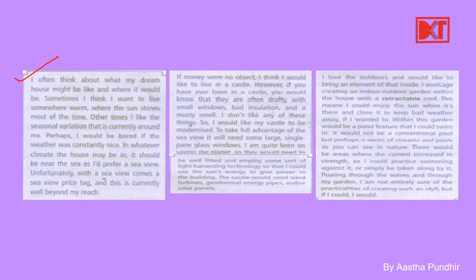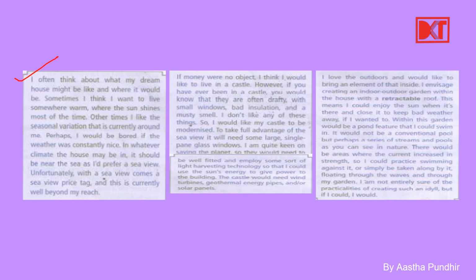So now this person, he or she, whoever it is, starts thinking that if money was no object, which means if I had enough money for everything, if there was no limitation on money, then forget about the sea view thing. I would like to live in a castle.